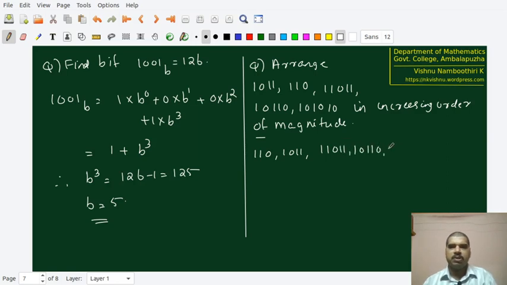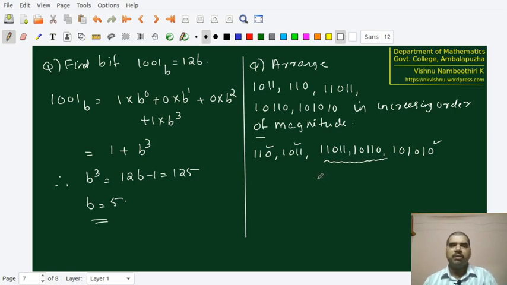These are 5-digit numbers, and there is a 6-digit number, 101010. Obviously, this is the largest one because it is the only one with 6 digits, and 110 has only 3 digits. Therefore, this is smallest. 4 digits is next smaller. So now we need to compare these two. That's the only thing remaining.